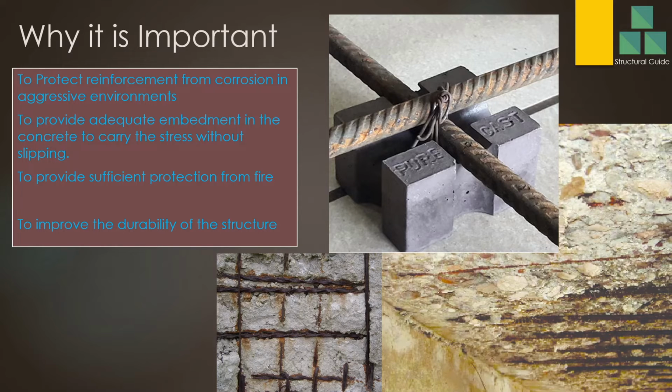That causes the failure of the structure. If you have adequate cover to the reinforcement, there is protection for the reinforcement. The rise of temperature will be reduced, and with that the structure will be protected for a certain period.